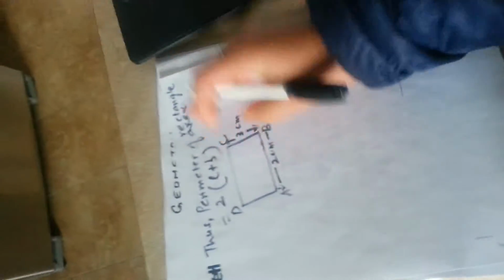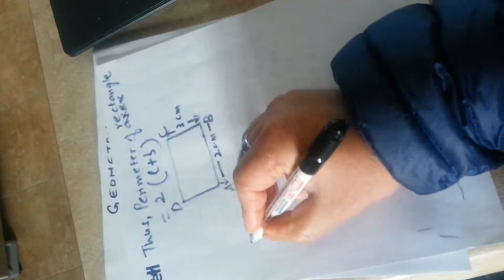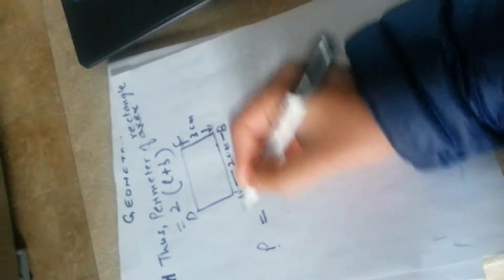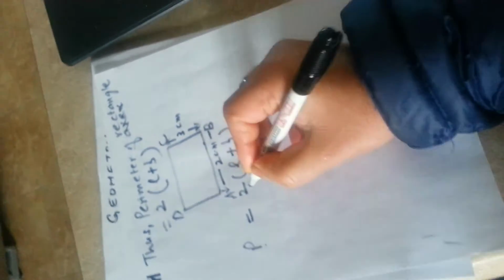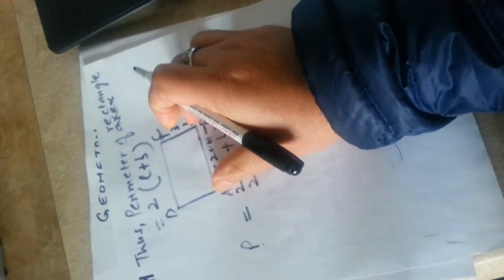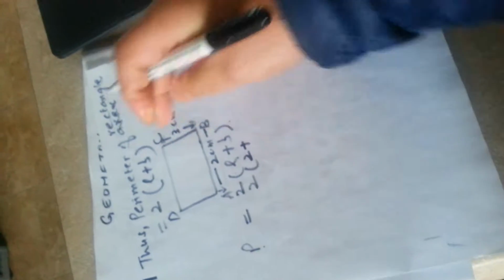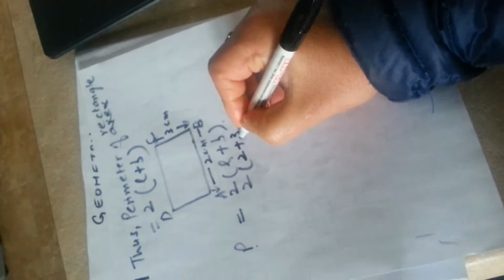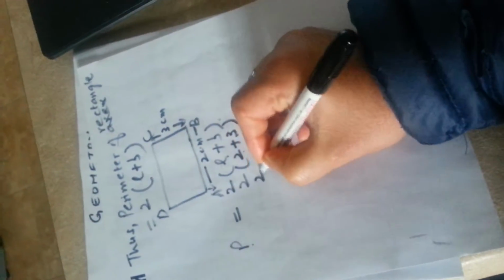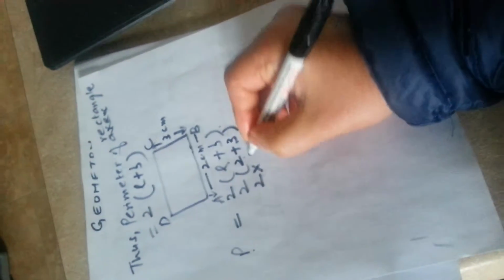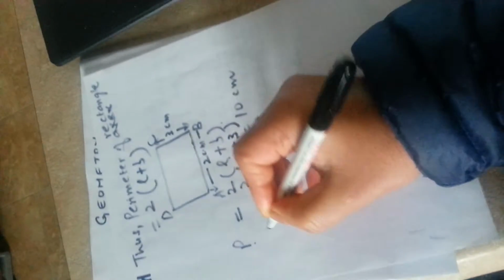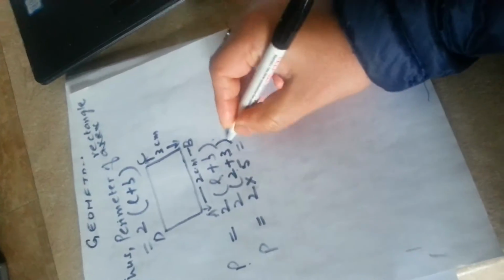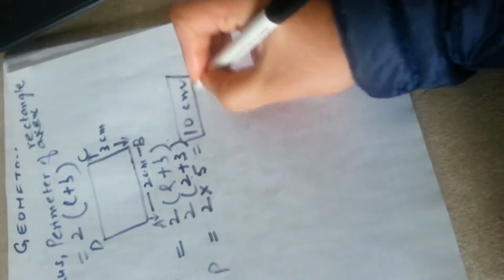If you have to find out the perimeter, what is the formula for perimeter of a rectangle? 2 into length plus breadth. So 2 into, what is the length? Length is 2 plus what is the breadth? That is 3. 3 plus 2 is 5. 2 multiplied by 5 is 10. So 10 centimeter is the perimeter of the rectangle.